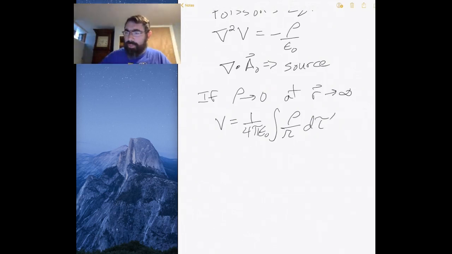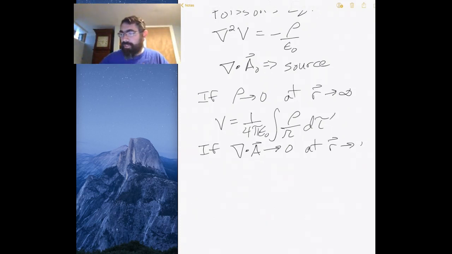And I do the same thing for my magnetic case: I want my source of magnetic phenomenon to go to 0 when I'm very, very far away from the source.